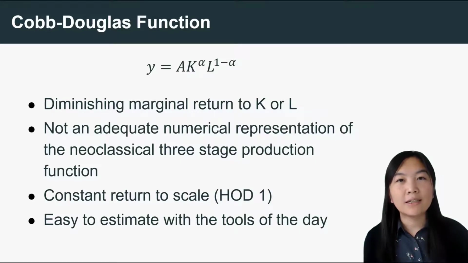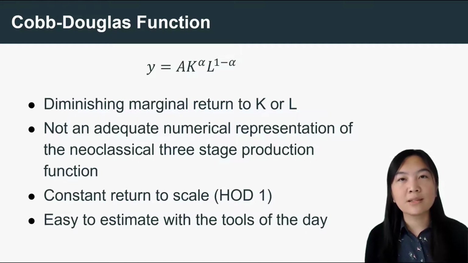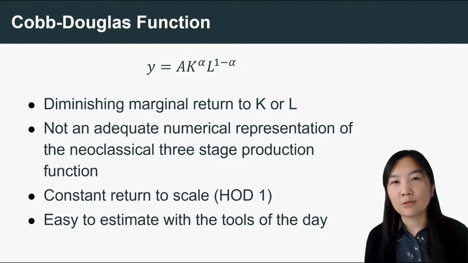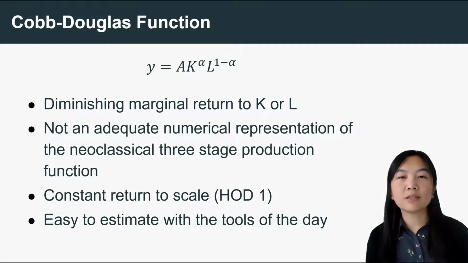First is that this production function shows diminishing marginal return of both K and L. And as we mentioned before, this diminishing marginal return is important for the economic implications. What we should also pay attention to is that this production function is not an adequate representation of the three-stage production function. So the Cobb-Douglas function doesn't have all those three stages. And we just mentioned it's HOD1, or constant return to scale.